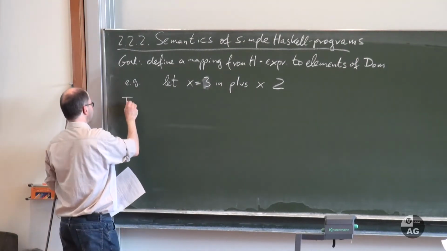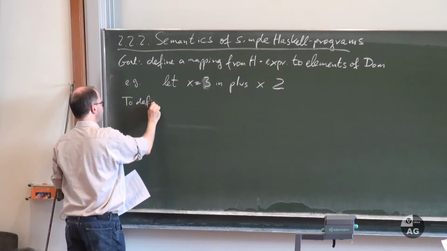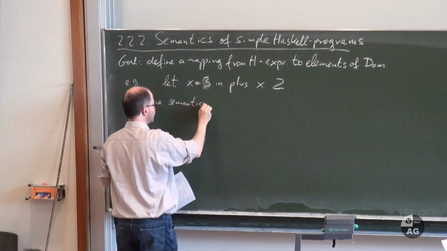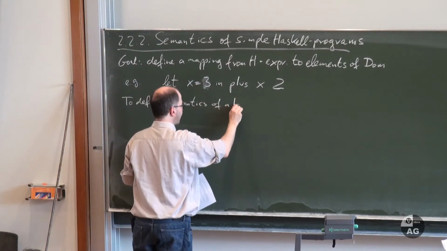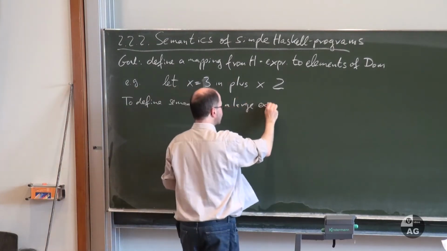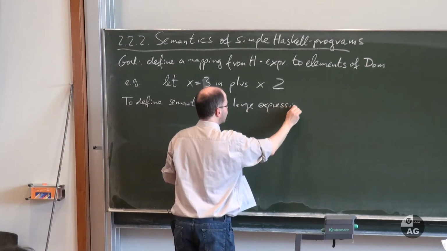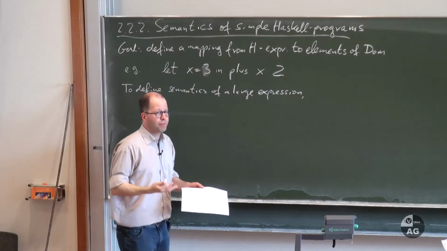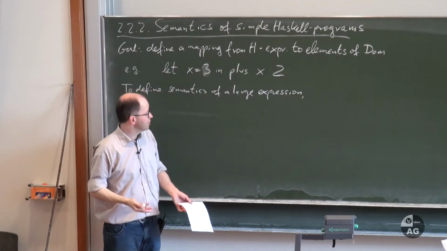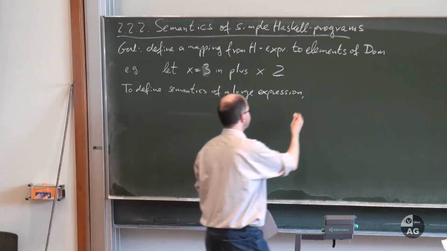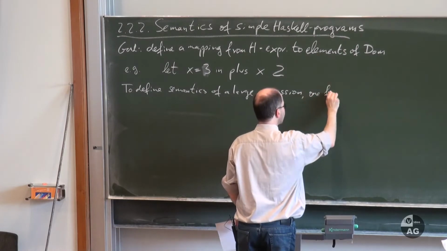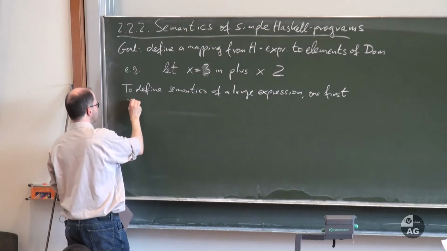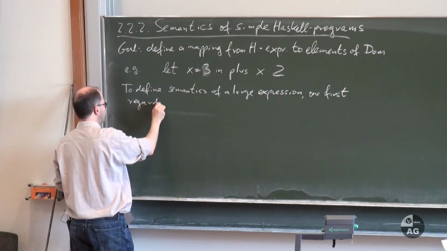So to define the semantics of a large expression, one will first compute the semantics for the sub-expressions, and then from their semantics we will construct the semantics of the large expression again. One first regards the semantics of sub-expressions.